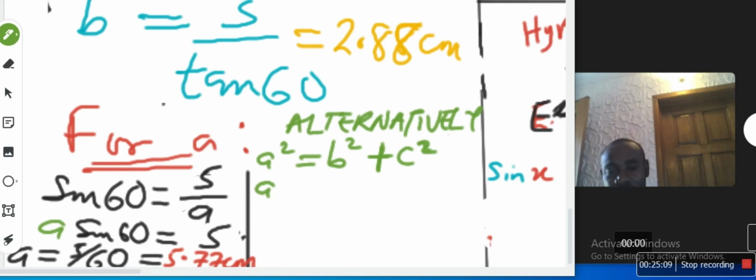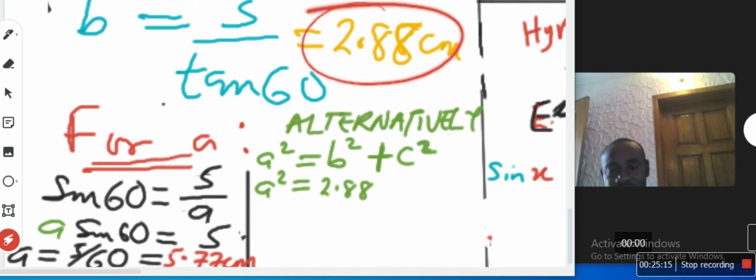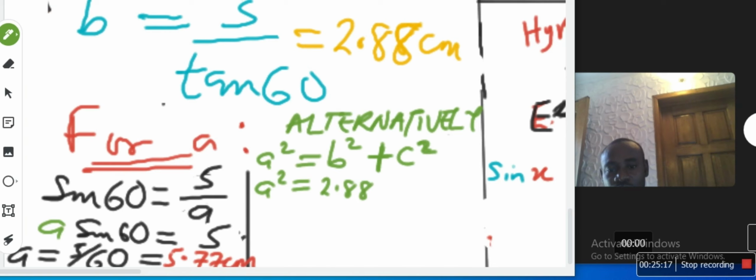A is what we're looking for. A squared is equal to B squared, 2.88, that's still B, 2.88 squared plus C squared, which we just got as 5.77, so 5.77 squared.